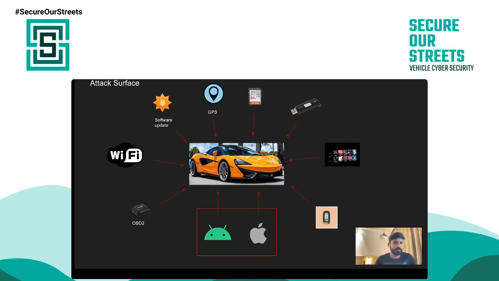The Wi-Fi or networking side, then the OBD. OBD is the onboard diagnostic port, and you can use it to get access to the internal network of the car. Then you can also use software updates, which have had vulnerabilities.